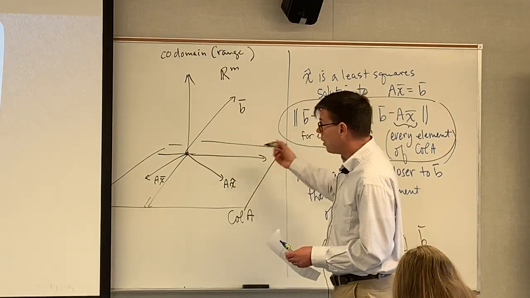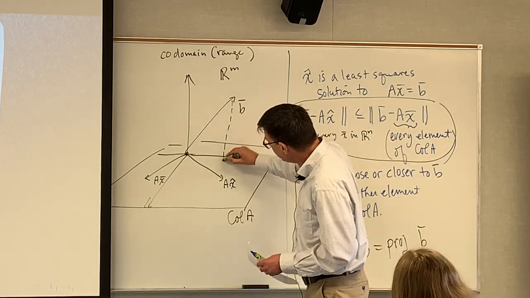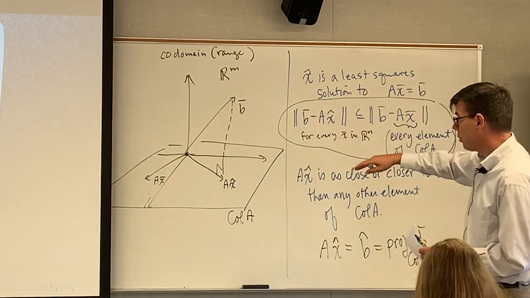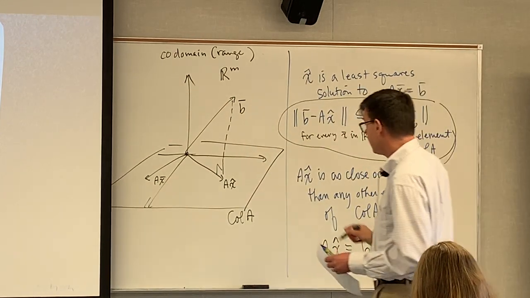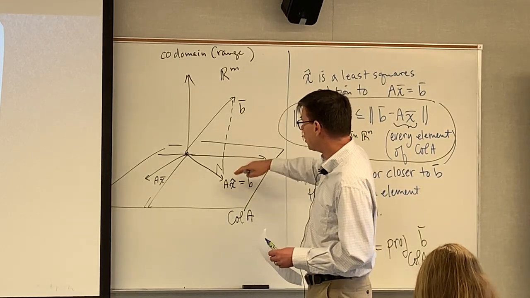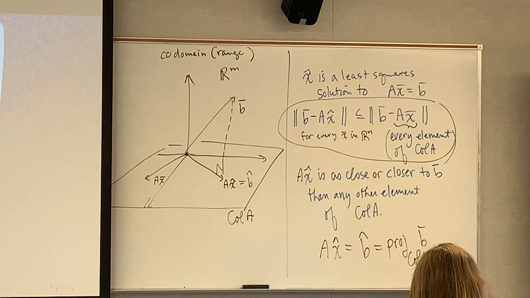And what we're saying here is, if we project b down perpendicularly into the column space, and the notation we have for that is b hat, when we project that down, it's got to be this A x hat creature. If the x hat exists, we're assuming the least squares solution x hat actually exists.